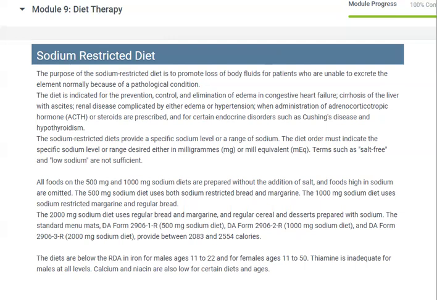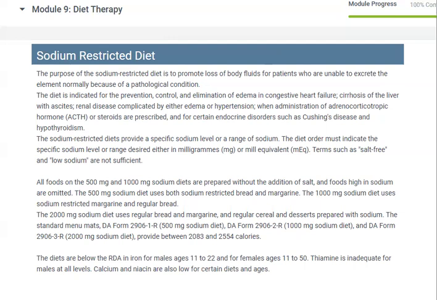When administration of adrenocorticotropic hormone, ACTH, or steroids are prescribed, and for certain endocrine disorders such as Cushing's disease and hypothyroidism. The sodium-restricted diets provide a specific sodium level or a range of sodium.